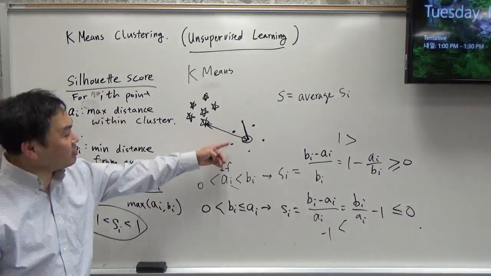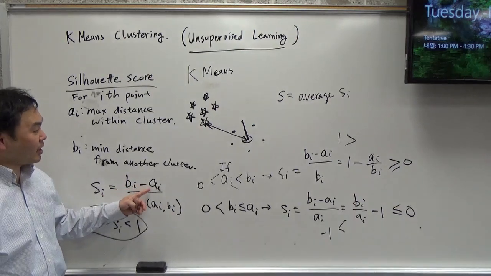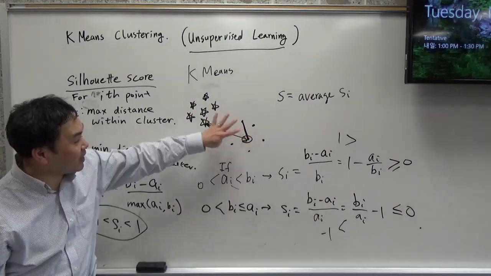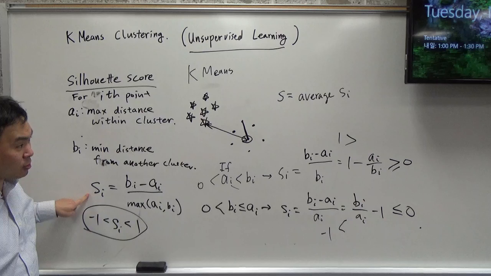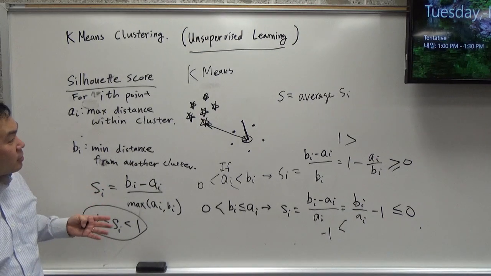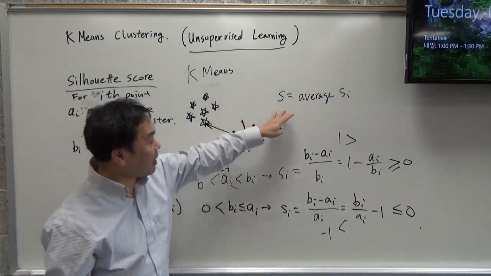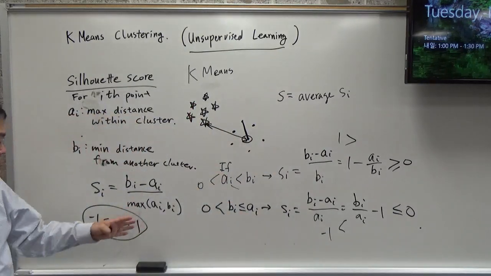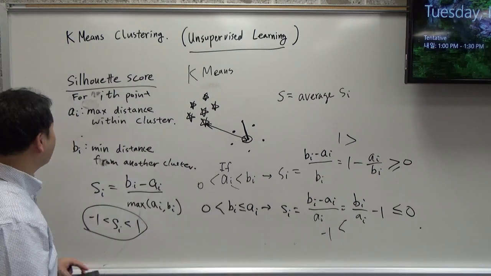And because BI is bigger than AI, if you subtract BI minus AI, it's going to be positive. Right? So if it's clustered well like that, then most of the silhouette scores will be positive, or it might even be always positive. Okay? And therefore, since you're taking the average of positive values, your average silhouette score will be something positive, close to 1.